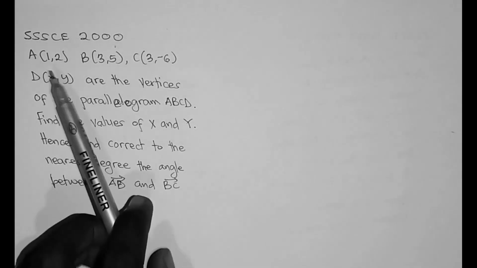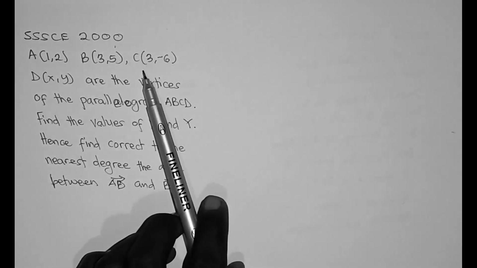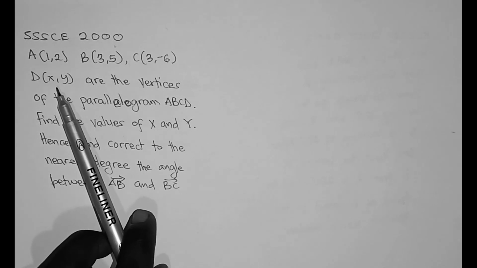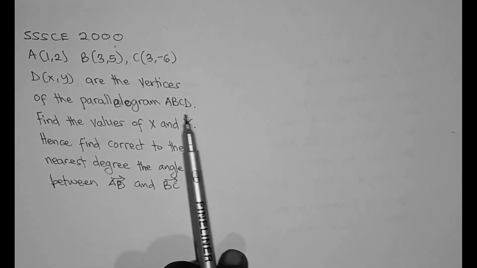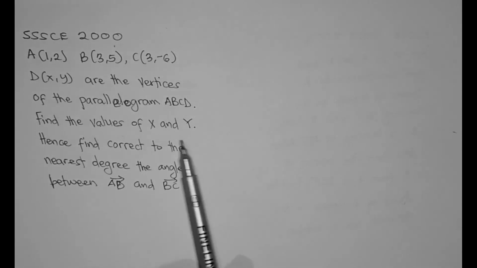A with coordinates 1, 2, and B with coordinates 3, 5, and C with coordinates 3, minus 6, and D with coordinates x, y are the vertices of the parallelogram ABCD. Find the values of x and y.